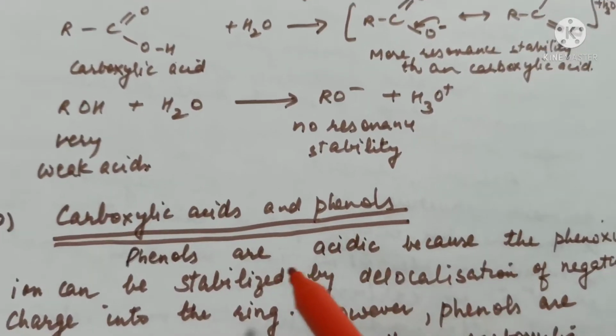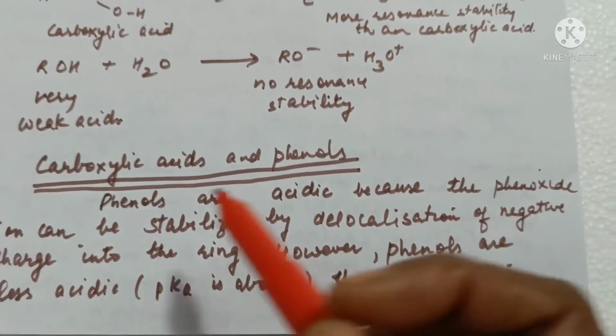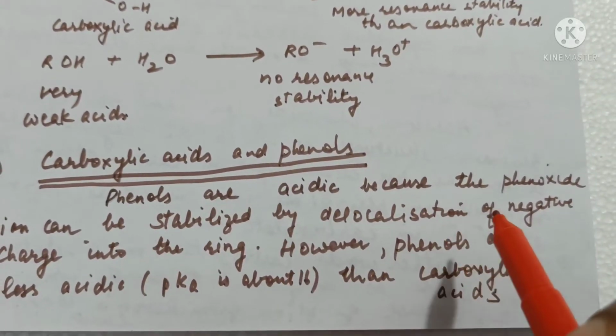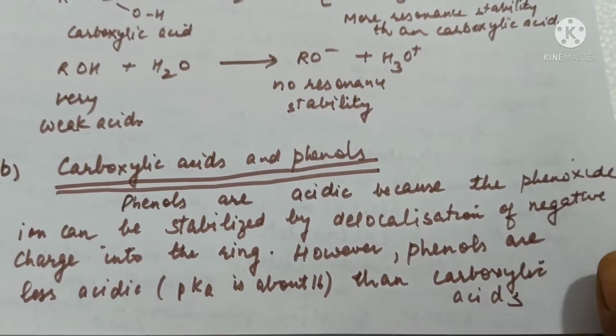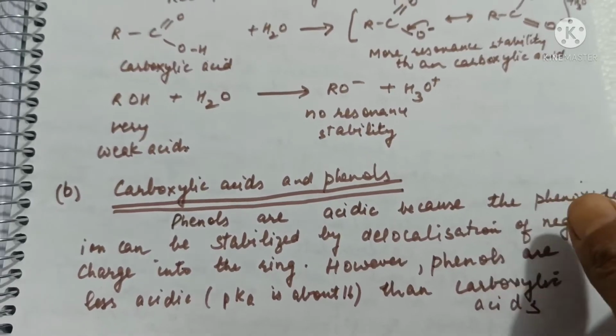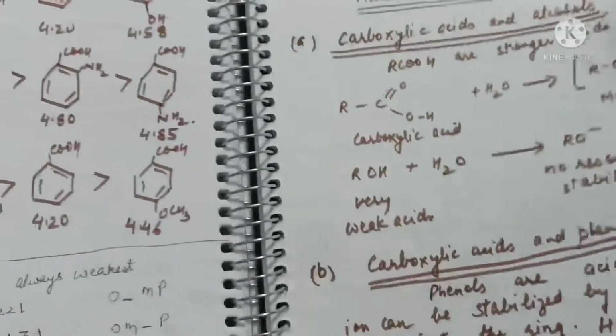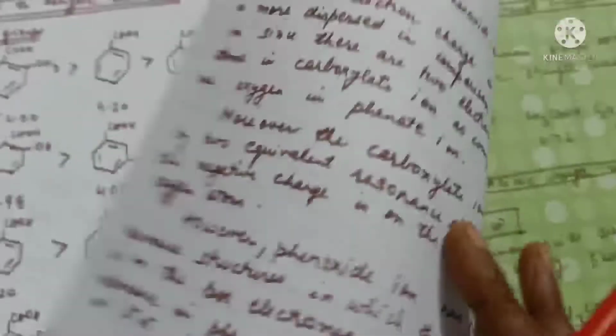Carboxylic acids and phenols. Phenols are acidic because the phenoxide ion can be stabilized by delocalization of negative charge into the ring. However, phenols are less acidic than carboxylic acids.